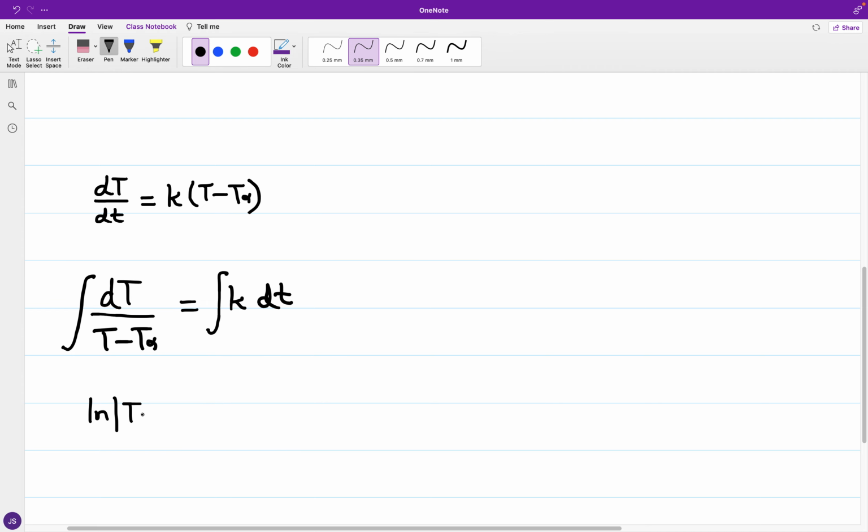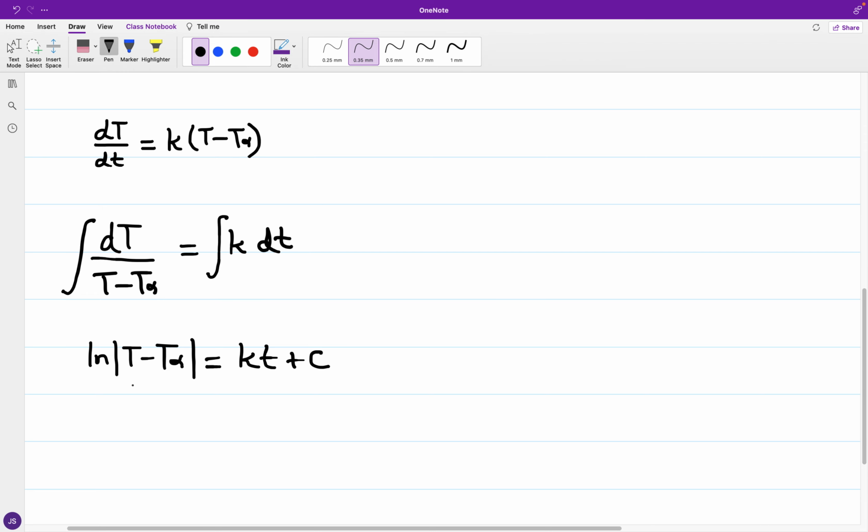So I'm going to have the natural logarithm of the absolute value of temperature T minus T sub alpha, and to the right, integrating over the time t, the antiderivative of k dt will be kt, plus C. Looking at expressing in terms of the temperature T, I can free up the absolute value of T minus T sub alpha upon taking the natural logarithmic base e.